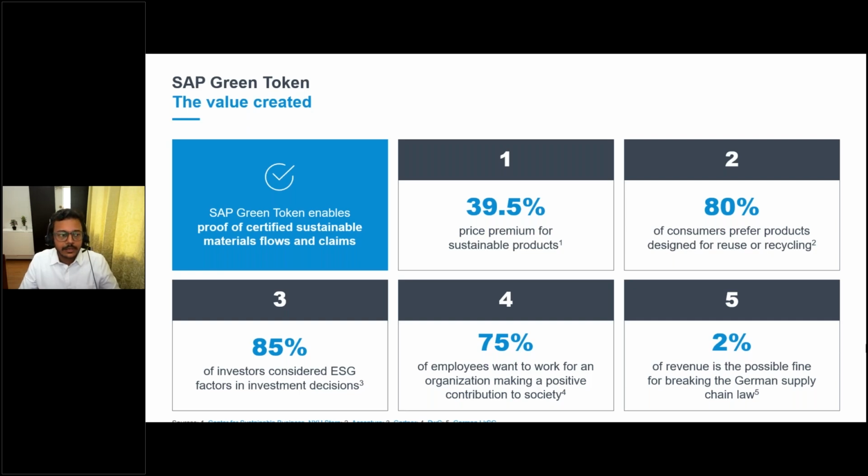In many jurisdictions, regulations are coming up that mandate transparency and traceability in the data. A good example is the European deforestation regulation, which is going to hit at the end of this year, being applicable to all the small and medium companies as well, which are in certain industries.